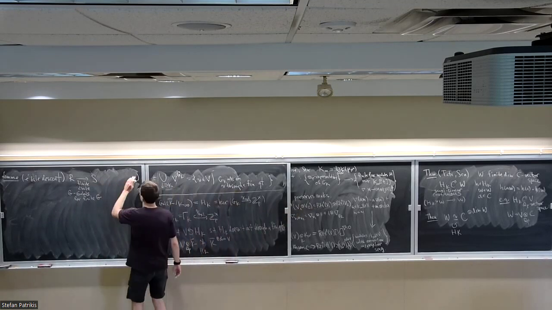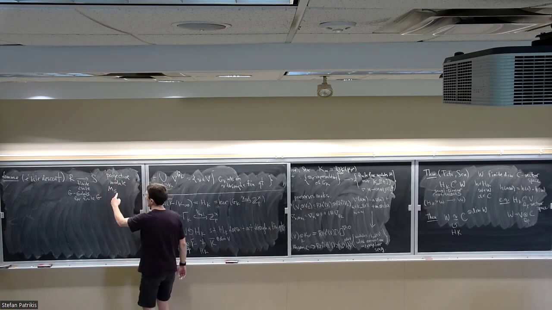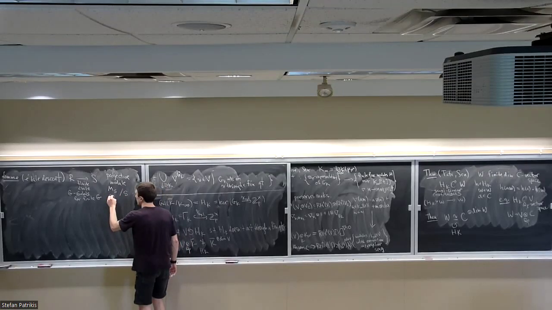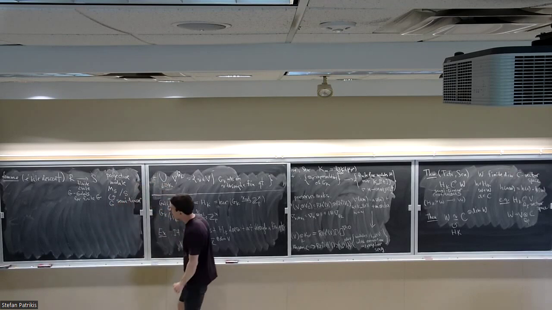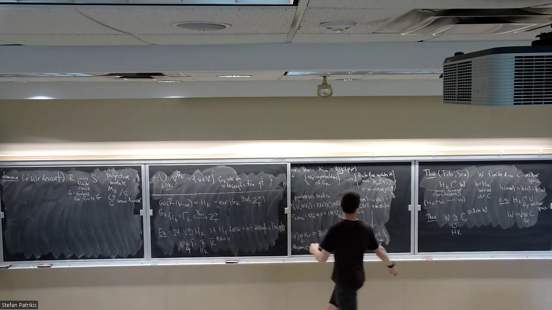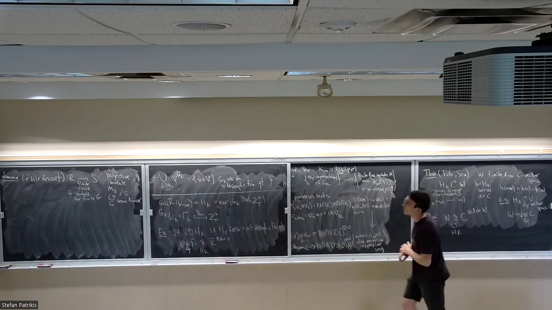So I'm given, let's say, a projective module which I'll call M, and I'll have a subscript S to emphasize that it lives over S, which is equipped with an action of G, which is semi-linear. All right? So it interacts with scalars from S exactly by this formula.